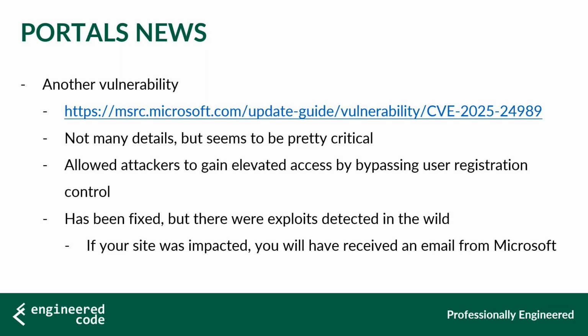Thankfully, I haven't had any clients yet that have received that email, so I don't know what it looks like, but the indication I've received is that if they have the records to show that someone did use that vulnerability against your site, Microsoft should have already been in touch with you.